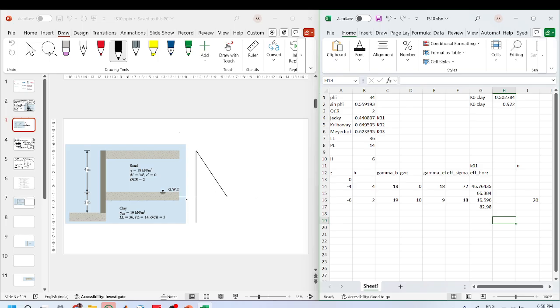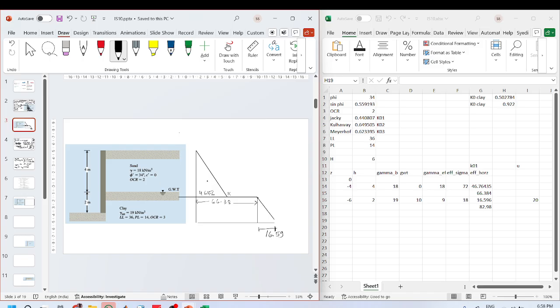Let's for now take one equation only. This will be 46.76, and then we have another, and this here is 16.59.